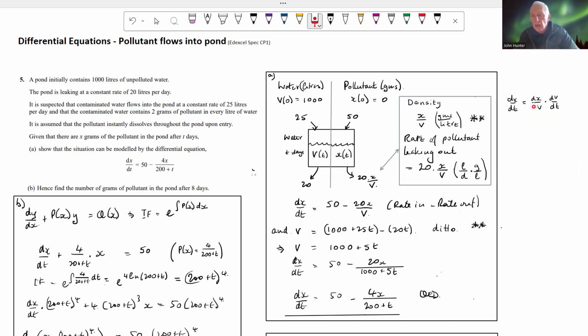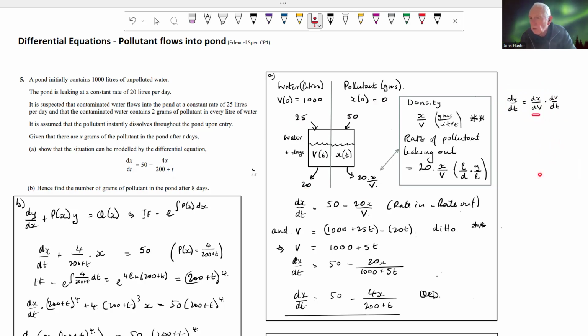This may be true here as a general statement: dx/dt equals dx/dv times dv/dt. We do know what dv/dt is, we can see that from what's happening here.